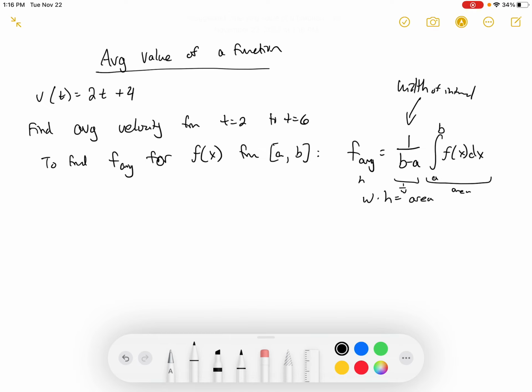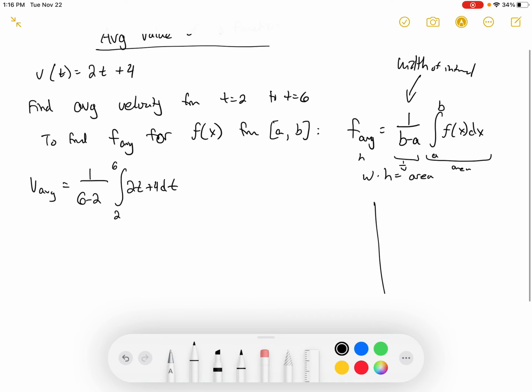Okay, so let's go back to our example, and we're going to say that v average is equal to 1 over 6 minus 2, because this area has width 4, times the integral from 2 to 6 of 2t plus 4 dt. That matches exactly what we've seen thus far. Graphically, if this is my velocity, 2t plus 4 looks something like this.